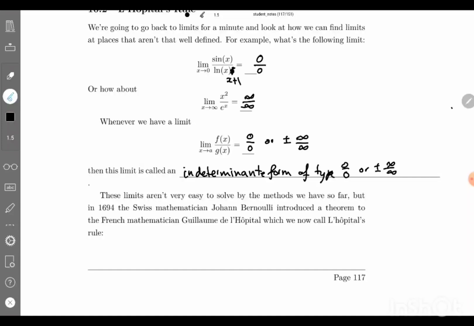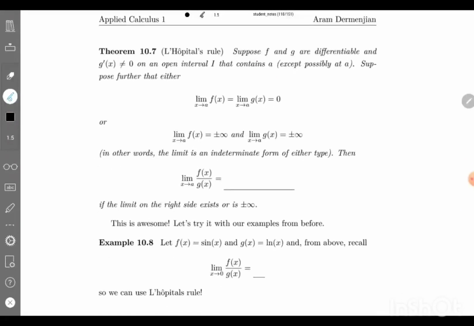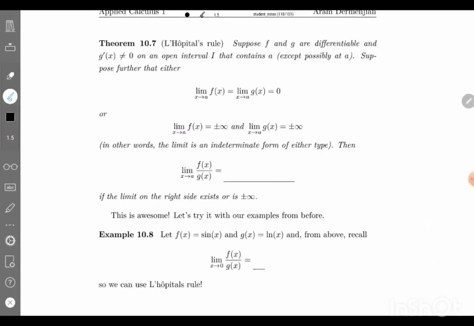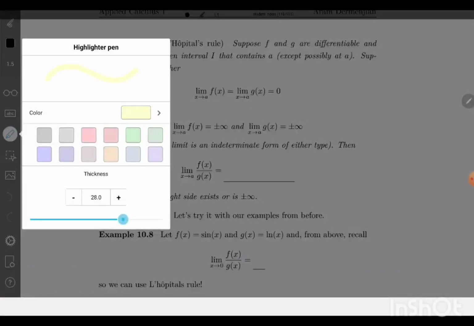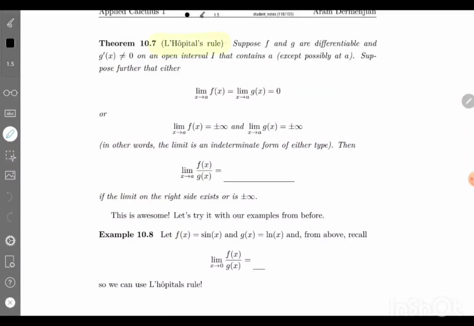Anyway, so what this theorem says, so let me highlight this. So here we have L'Hopital's rule.